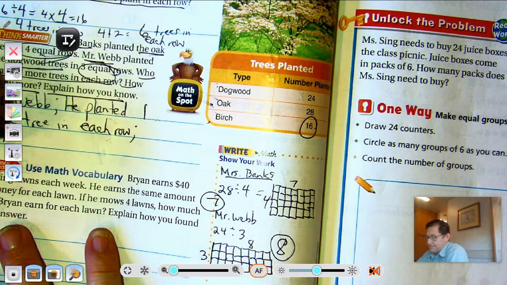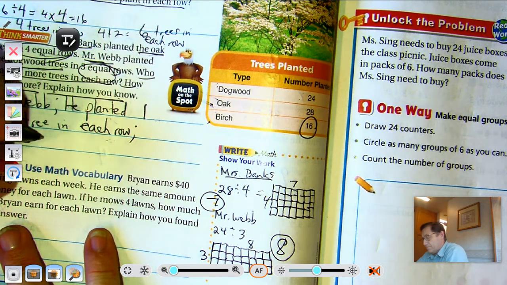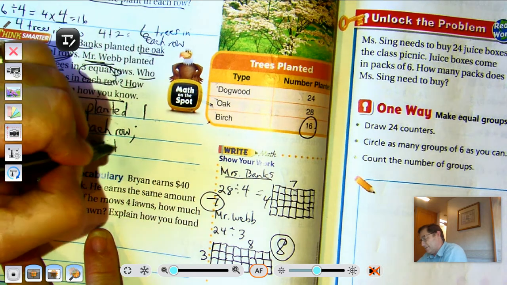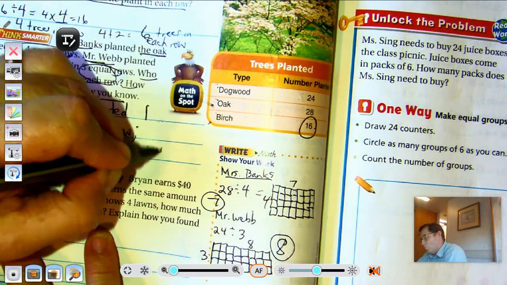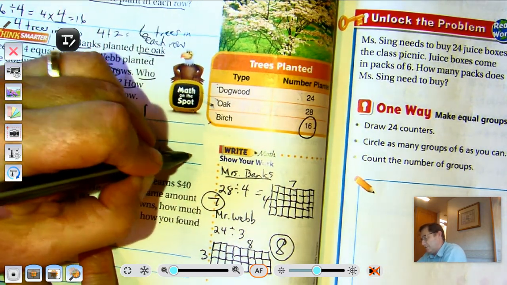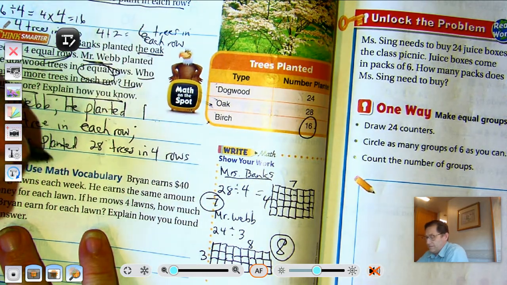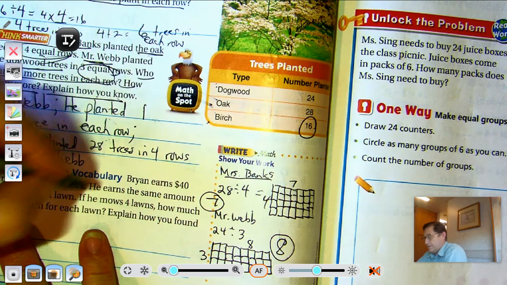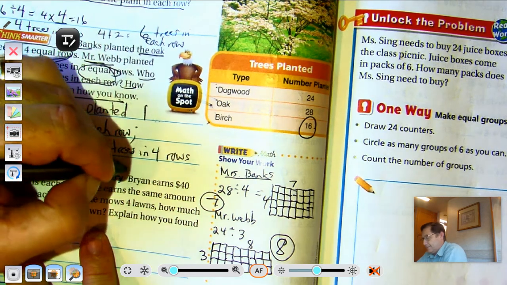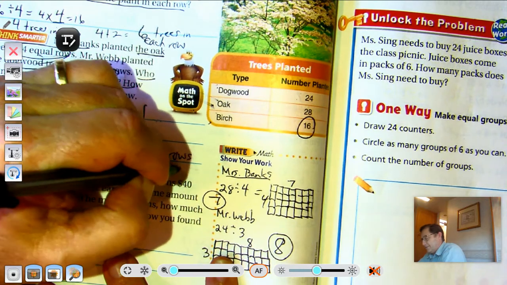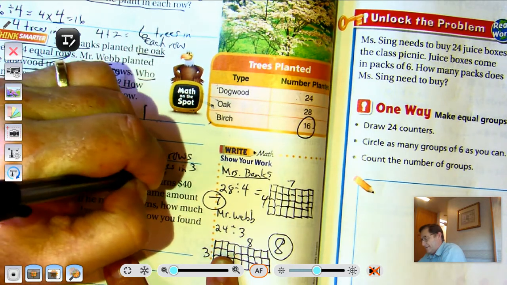Mrs. Banks planted 28 trees in 4 rows of 7, and Mr. Webb planted 24 trees in 3 rows of 8.